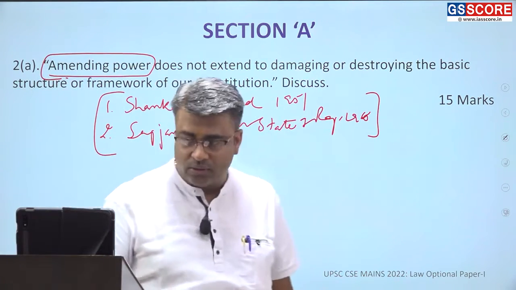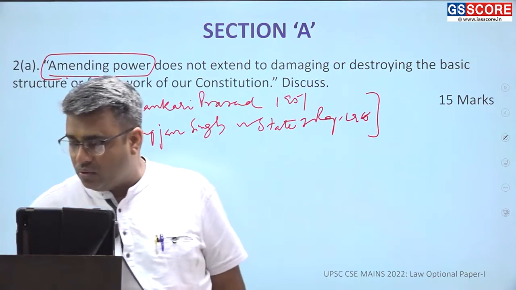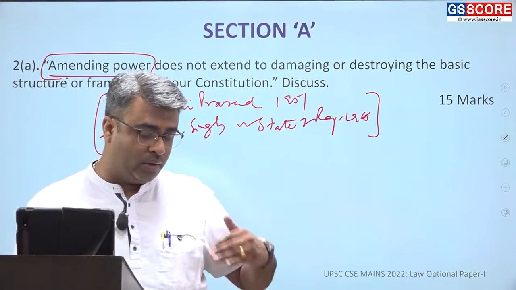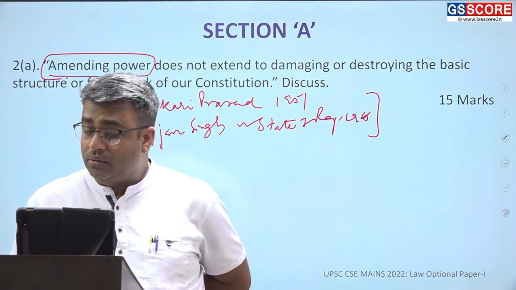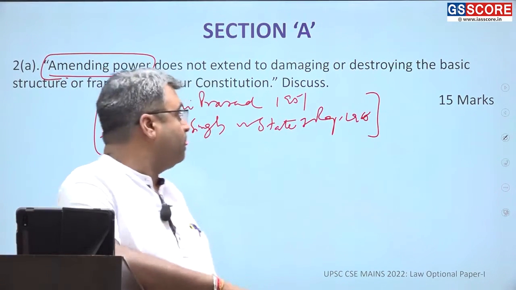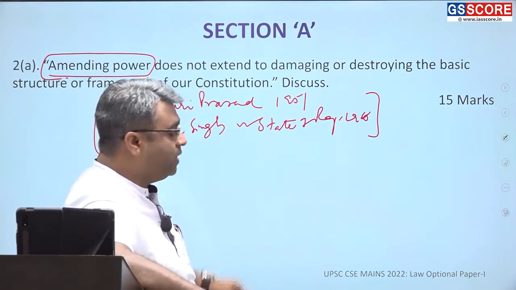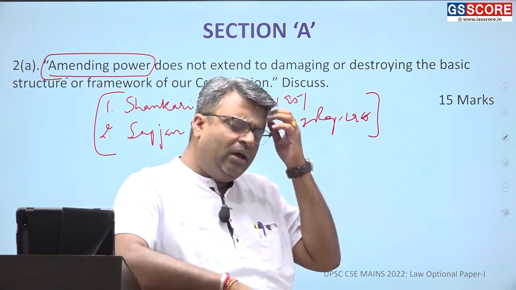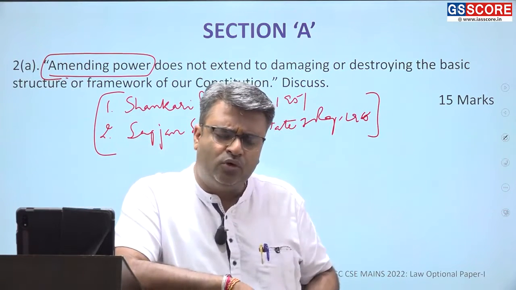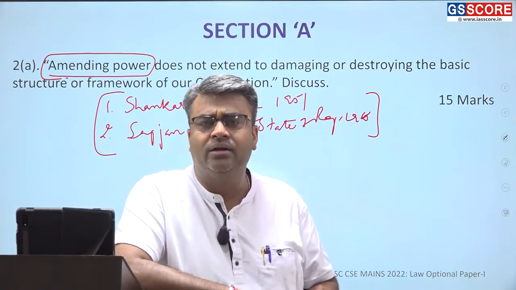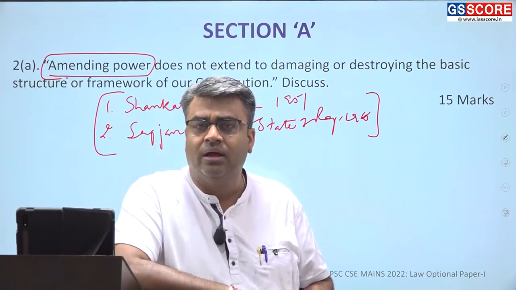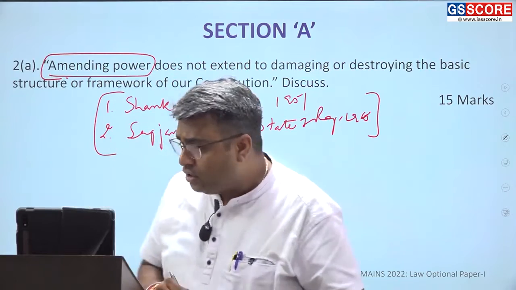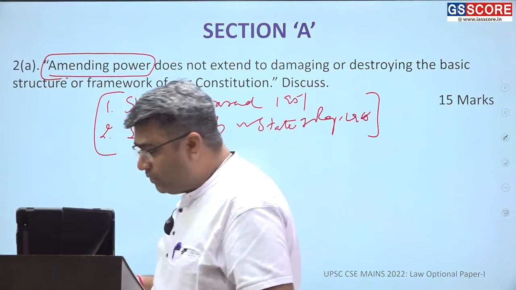In these two cases, the Shankari Prasad and Sajjan Singh cases, the Supreme Court said that, at the time, the idea or the mind of the Supreme Court was that this elected government is properly representing the nation and they will not make any adverse decision. But later on, we all know very well what happened.